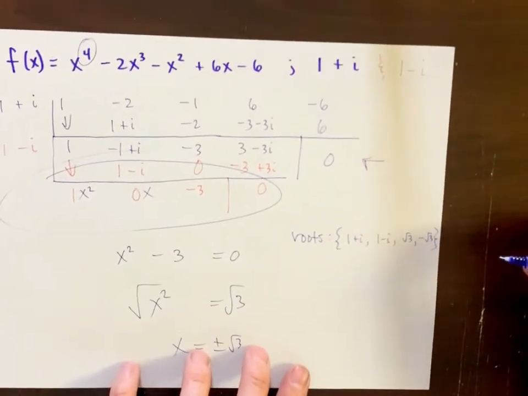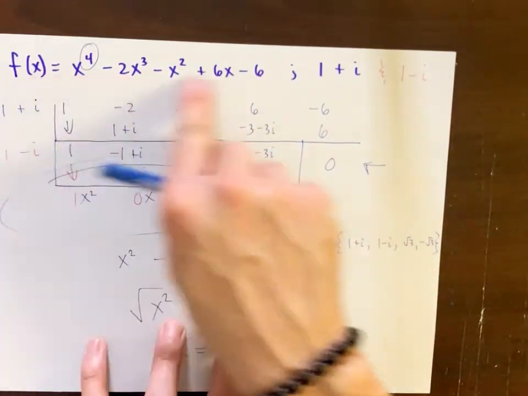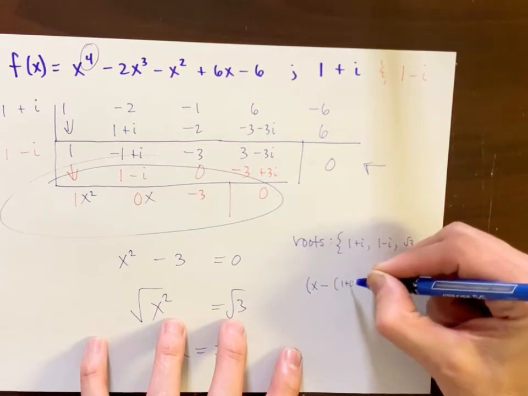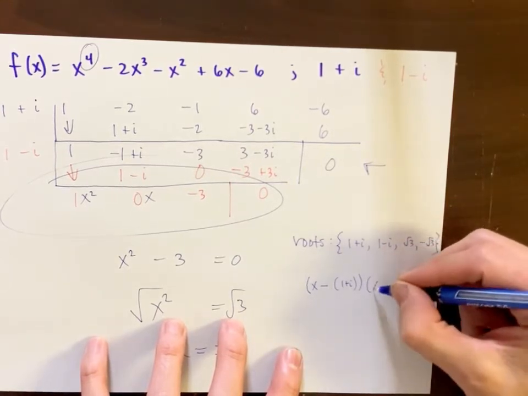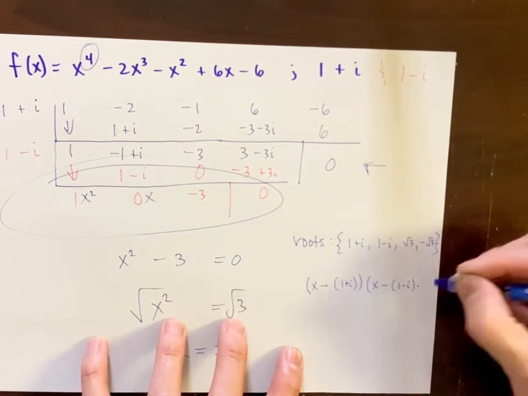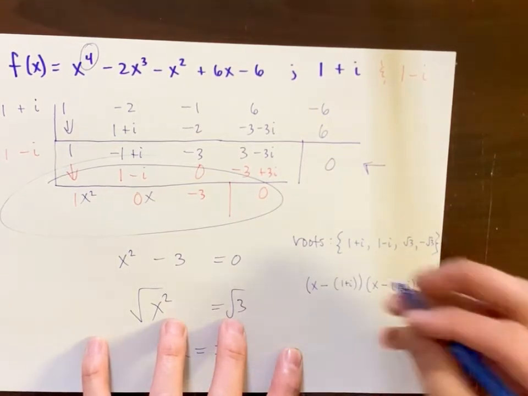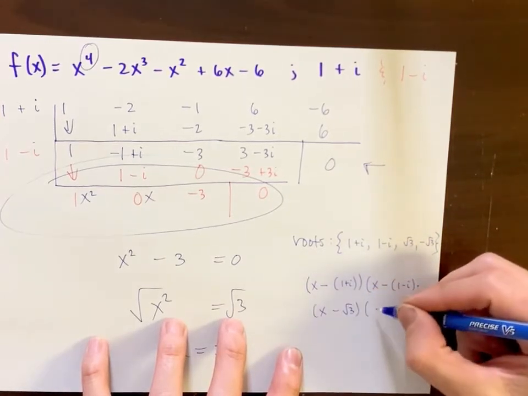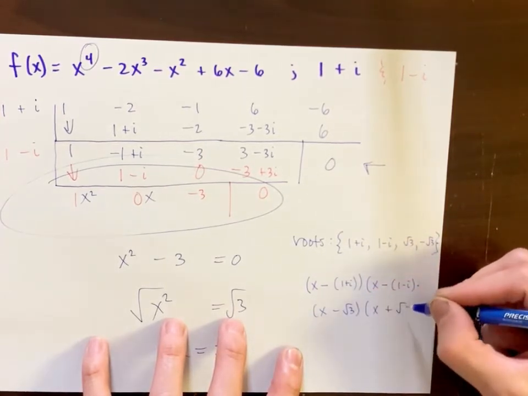If they wanted sort of the linear factorization, then it would be x minus (1 plus i), x minus (1 minus i), times, ran out of space, I'll continue here, x minus square root 3 times x plus square root 3.